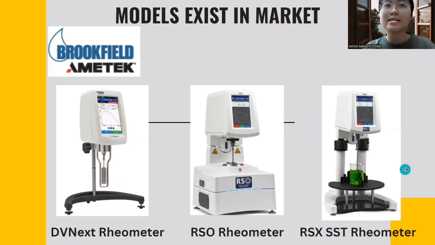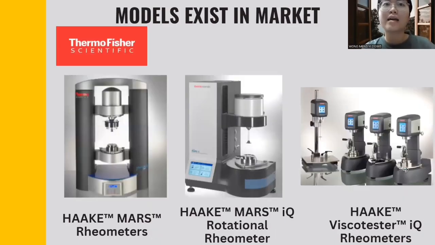And lastly, next slide, Thermo Scientific. I'm sure that you all know about this brand, and Thermo Scientific also manufactures rheometers, where they have the HAAKE MARS series and the HAAKE Viscotester iQ rheometer.